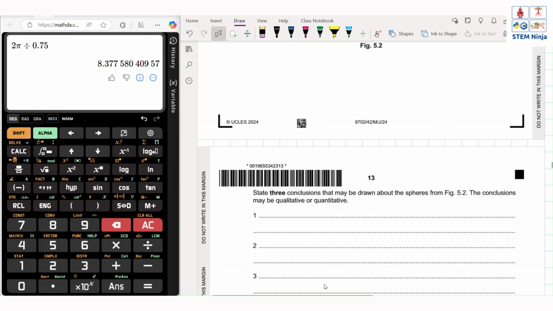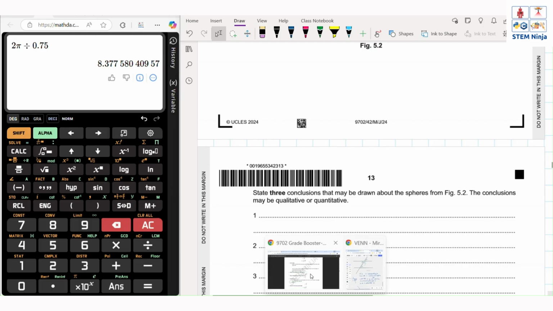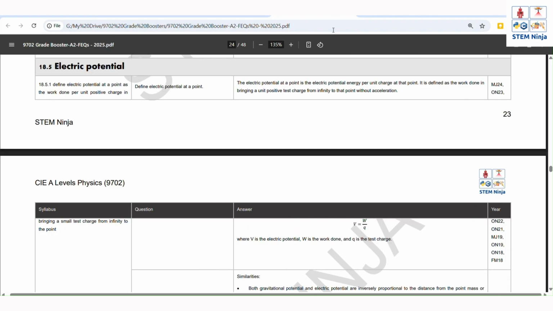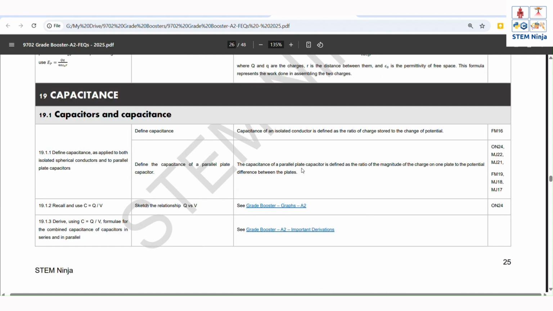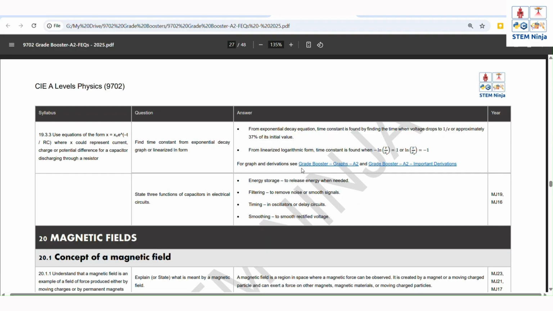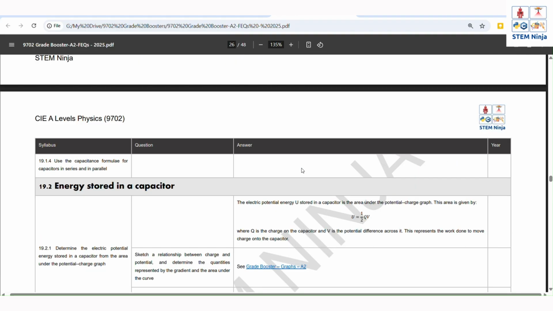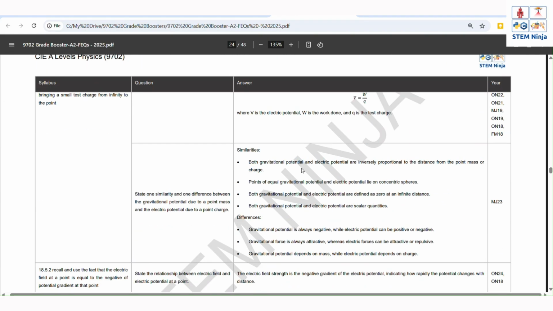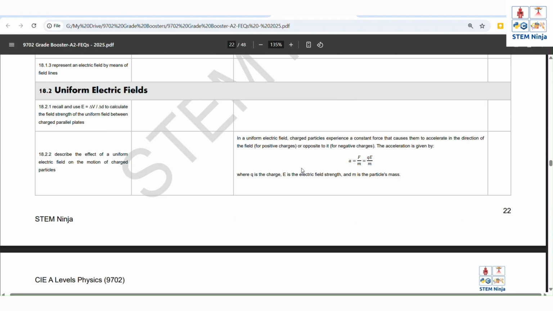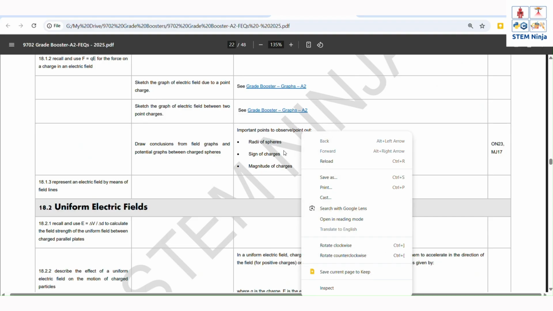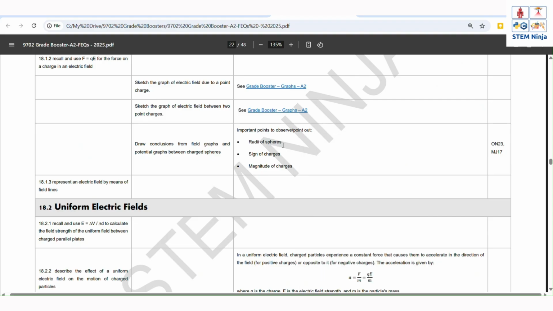Just to show you what points we must look at, we have listed what points you should look at when they give us a question like this. We have to look at the radii of the spheres, signs of the charges, and magnitudes of the charges.